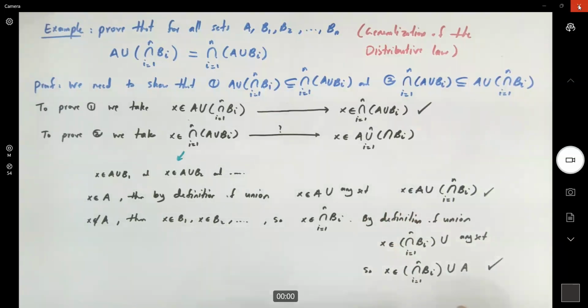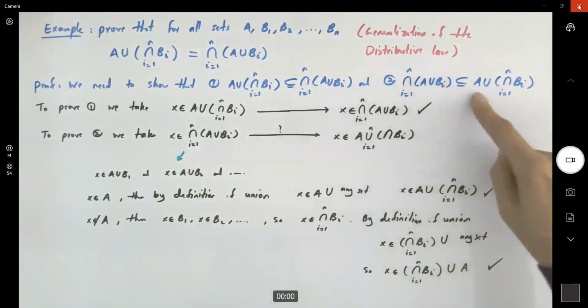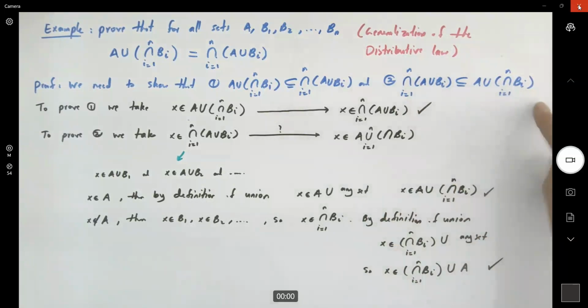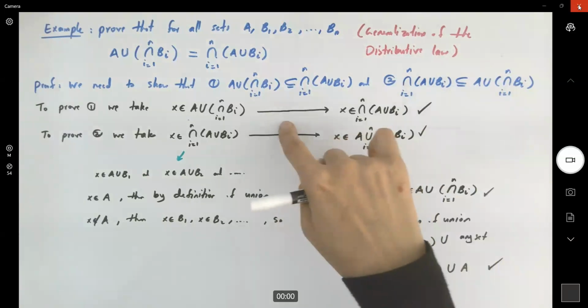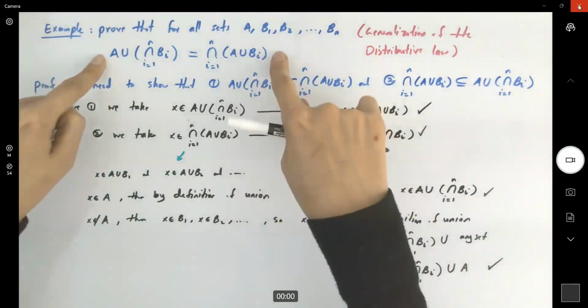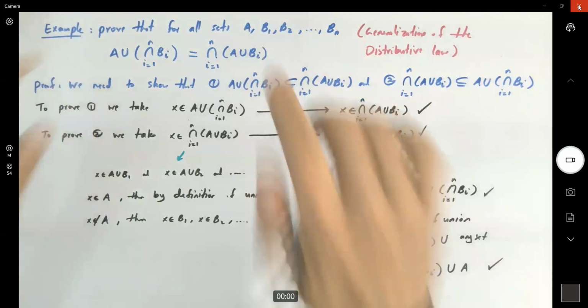So in either case, we show that x from the first set lands in the second set. What is the conclusion then? The conclusion is that since these two sets are subsets of each other, they must be equal.